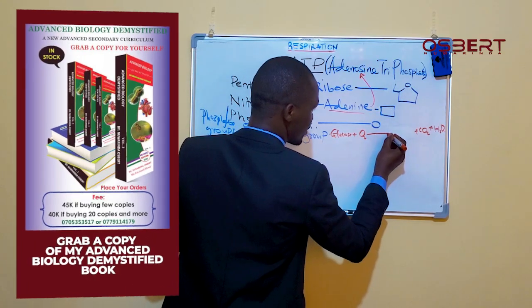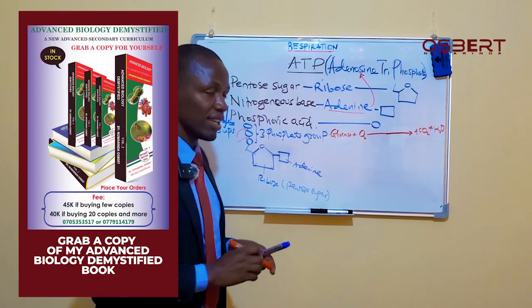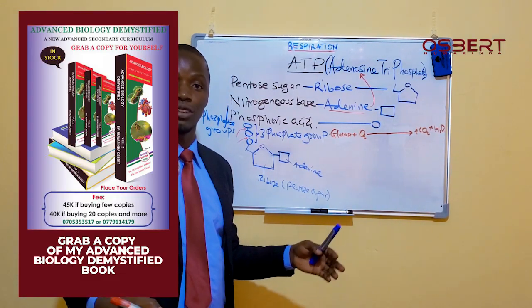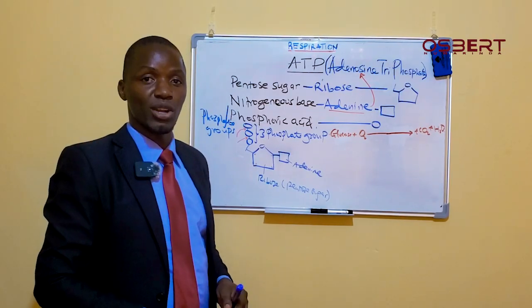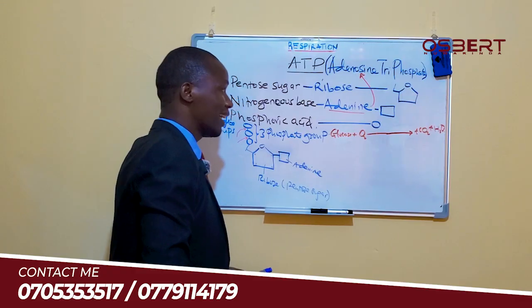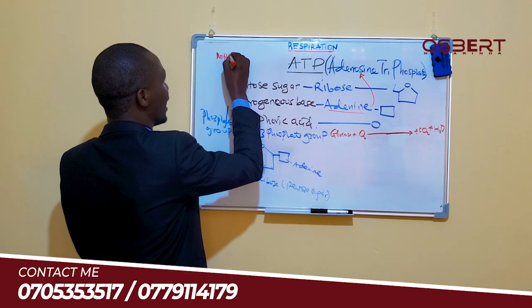So when that Gibbs free energy is produced, in the form of kilojoules, some of it is used to combine molecules, and these molecules which usually combine are ADP and Pi.